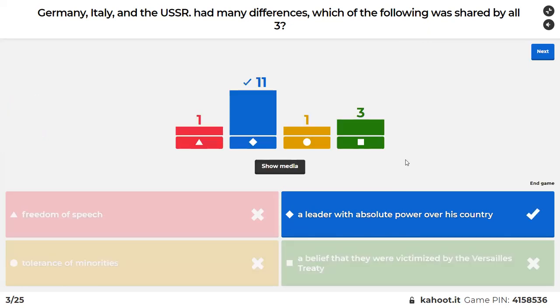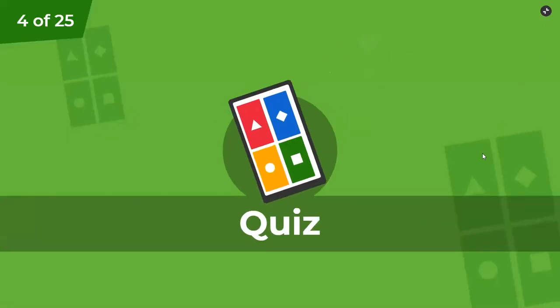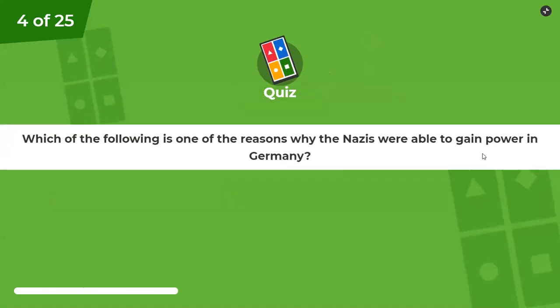A leader, a leader with absolute power over their country. Hitler with Germany, Mussolini with Italy, Stalin with the Soviet Union. All right, which of the following is one of the reasons why the Nazis were able to gain power in Germany?